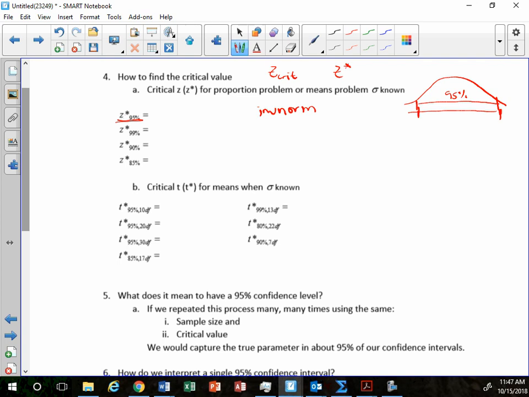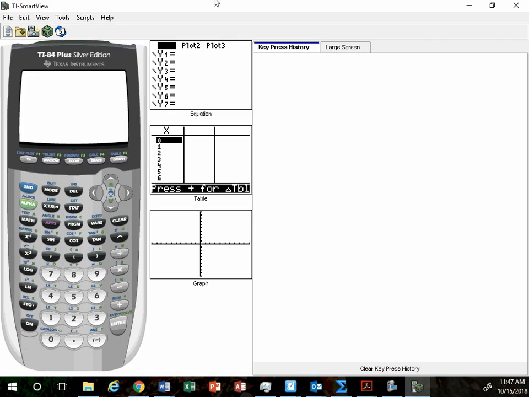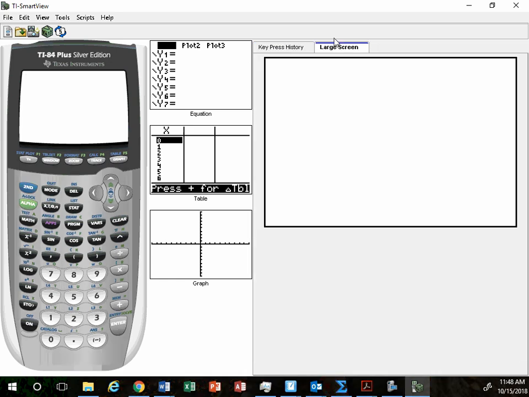We're going to do inverse norm because we are trying to get a z-score. Let me open up mine real quick. All right, guys, how do I get to my inverse norm?